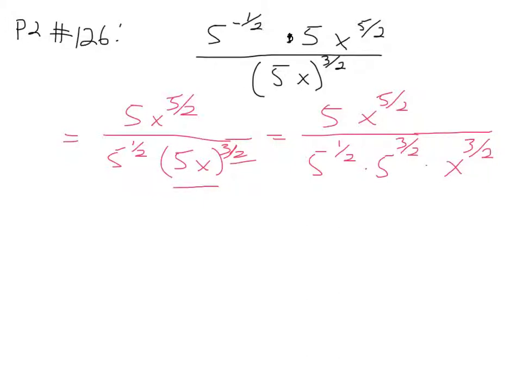Okay. Now, let's use our power rules. All right, we have a 5 to the 1/2 and a 5 to the 3/2. That's going to be a 5 to the 1/2 plus 3/2. Let's write that step down.